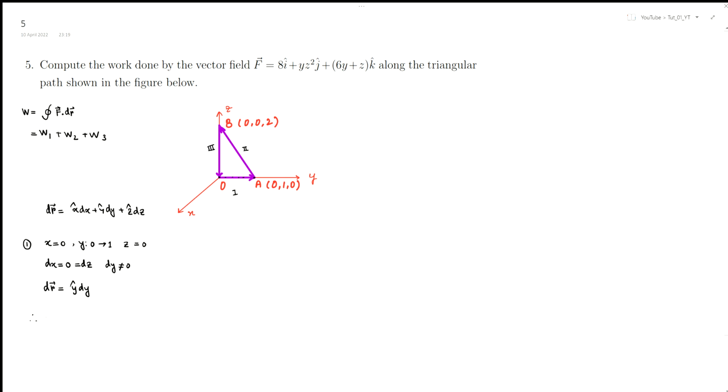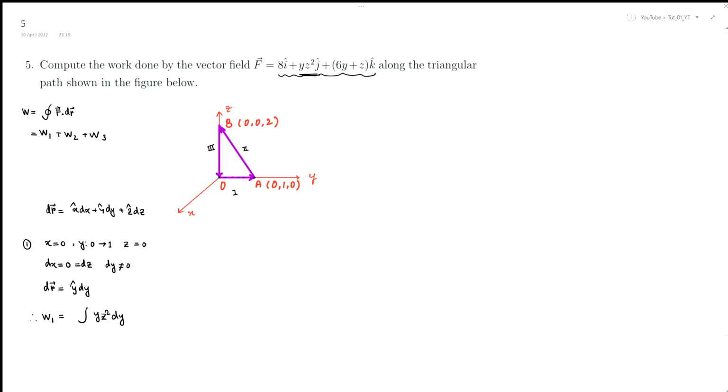So our work done along path 1 will become the integral of F dot dr. Now F has all three components, but because our dr has only the y cap component, the rest of the components will not contribute to the work done. Only this will remain: y z square dy.